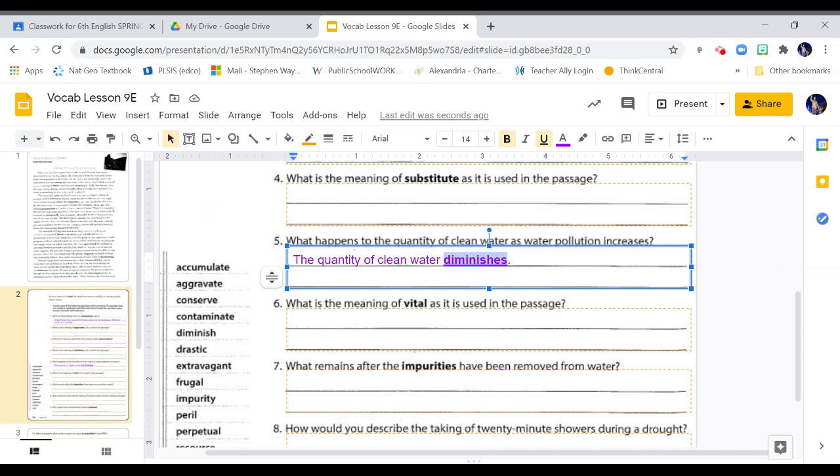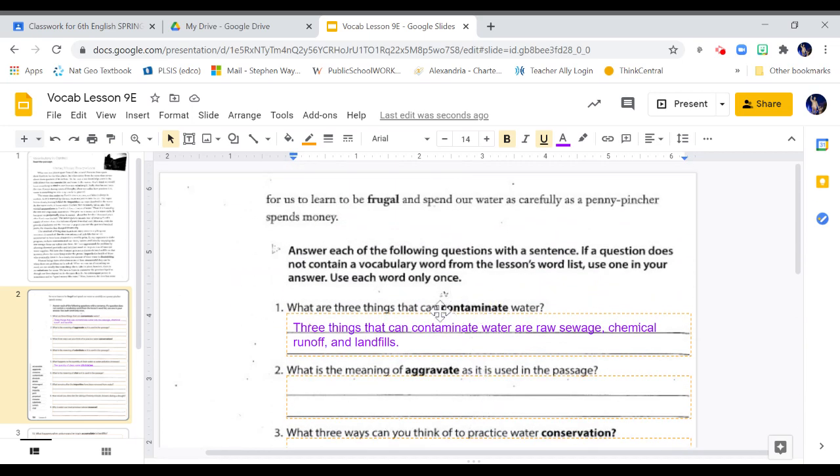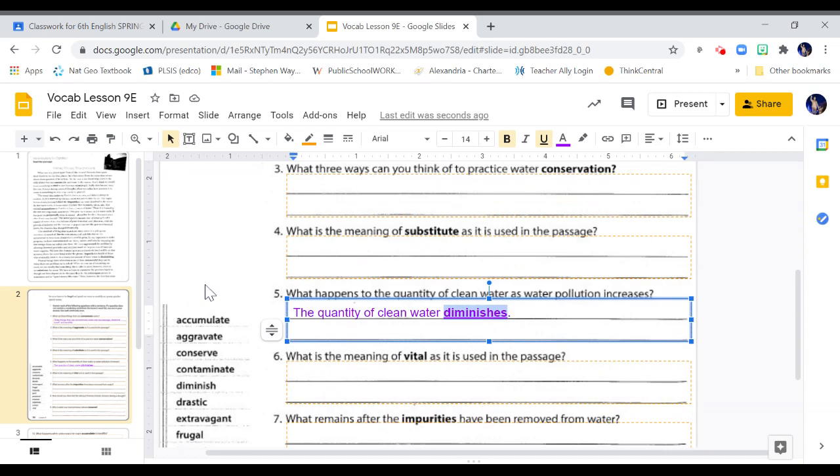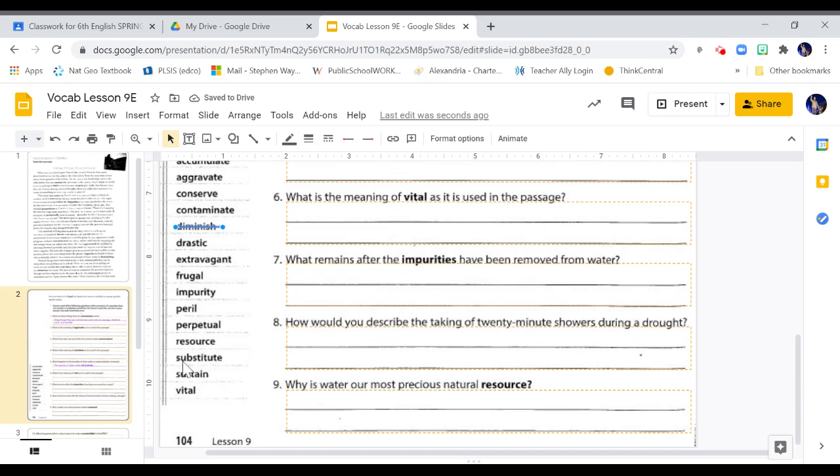Another good strategy for figuring out what words I have to use and I don't have to use is I can go through here and look for all of the bold words and do a little line through the words that I've used. So I've done diminish. I see substitute here, so I don't have to use that again.